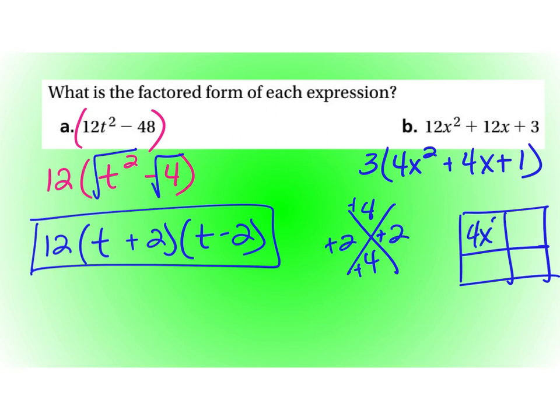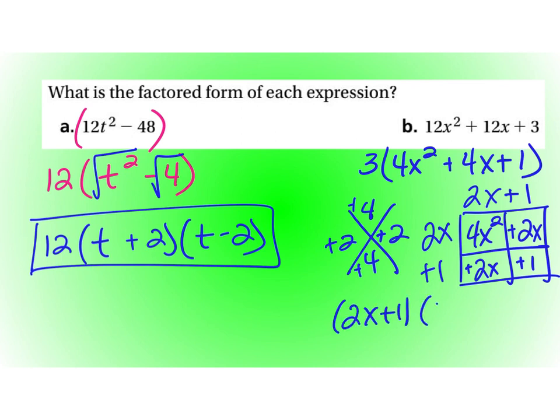So this would be 4x squared, and this would be a plus 1. So when I do plus 2x plus 2x, I would factor out a 2x here. I'd factor out a 2x here, so maybe plus 1 right here, and plus 1 right here. So let's see what happens. If I have 2x plus 1 times 2x plus 1, so we would end up with, let's see, 4x squared plus 2x plus 2x plus 1.